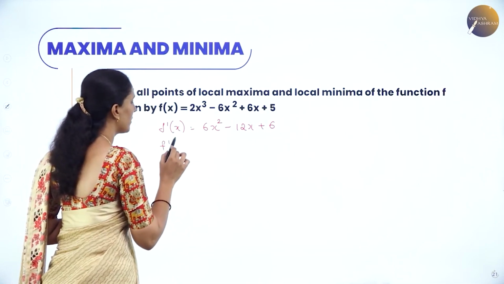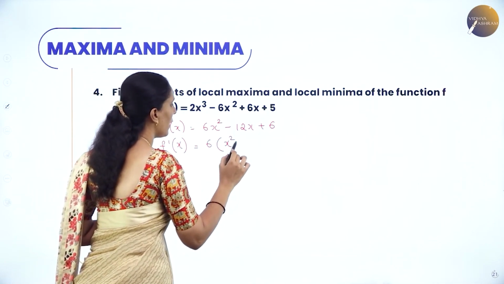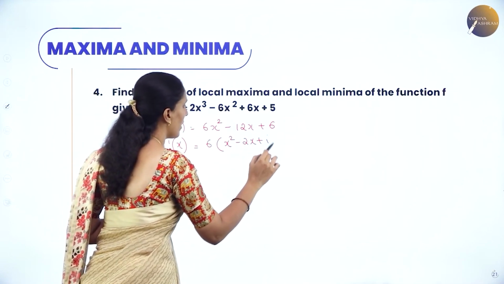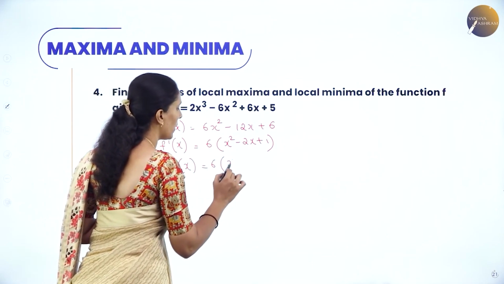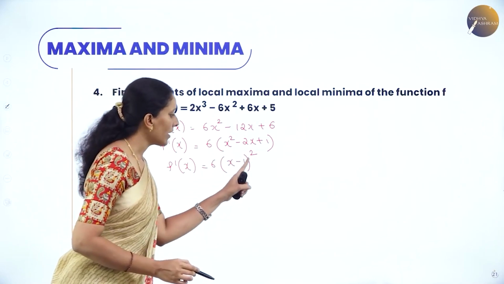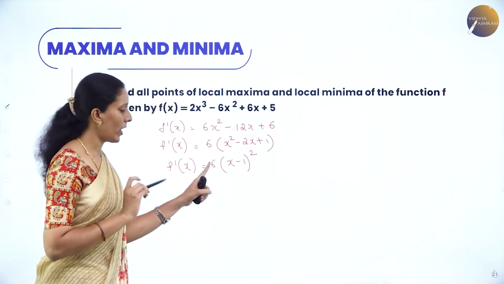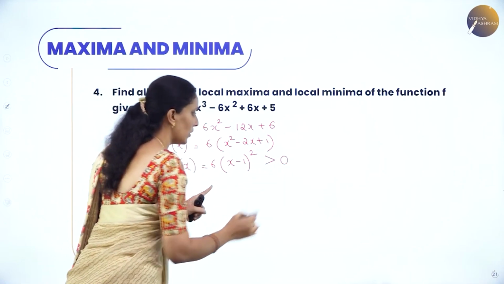If you take 6 as a common factor, it is x square minus 2x plus 1, and f dash of x is 6 into x minus 1 whole square. Clearly x minus 1 whole square is a positive quantity and 6 is a positive quantity, thus it is greater than 0.